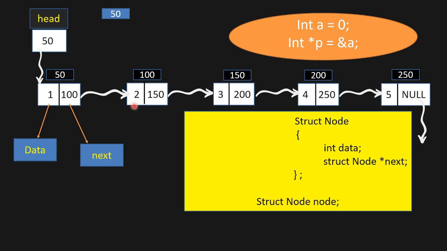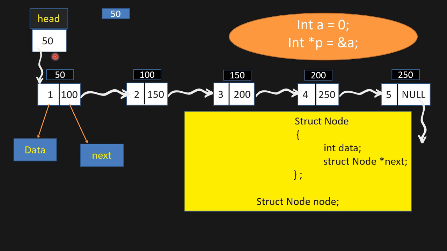Now note that this is another pointer whose name is head, and its task is to store the address of the first node. Here you can see 50 is the address of the first node. Hence, to store the address of the first node, we are declaring a pointer named head.